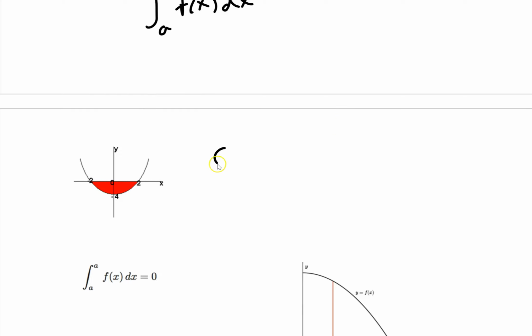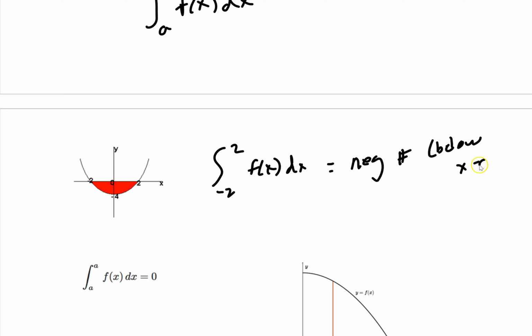If I integrate from -2 to 2 of f of x dx, again, with respect to x, that's going to be a negative number because it's below the x-axis. Right, so every time you integrate, you find the area and it's below the x-axis, that area should be negative because it's a negative value.